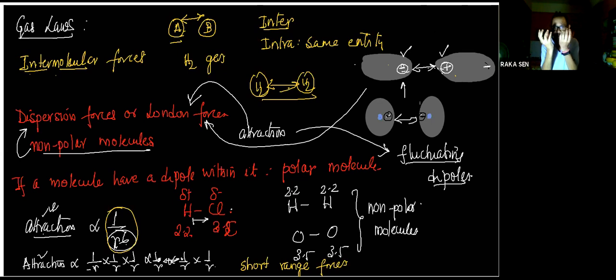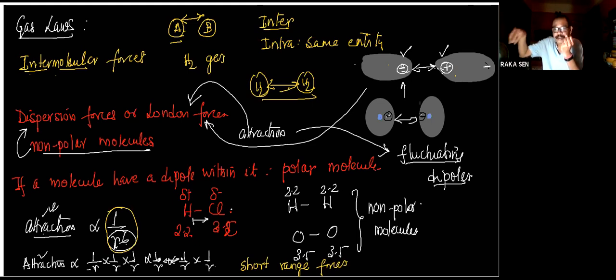As they come close to one another, the electron cloud of one molecule interacts with the electron cloud of the other molecule. Electrons repel each other. So as this electron comes out here, the electrons of this molecule go away.